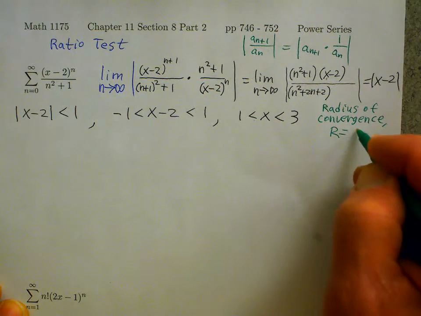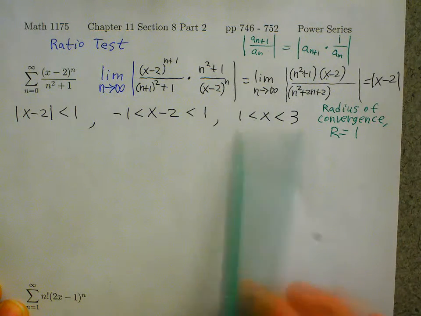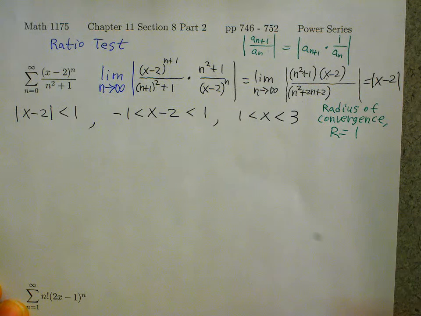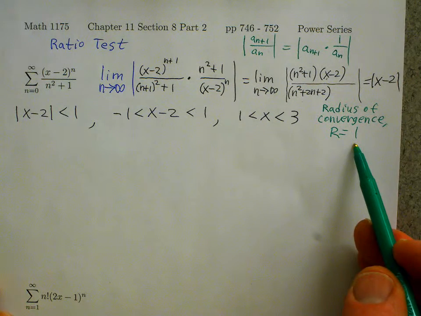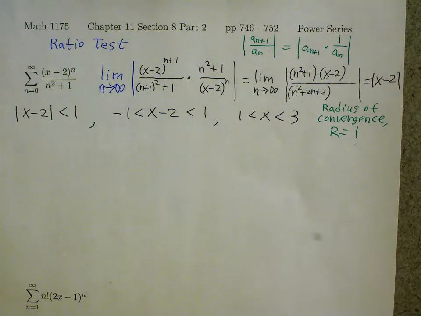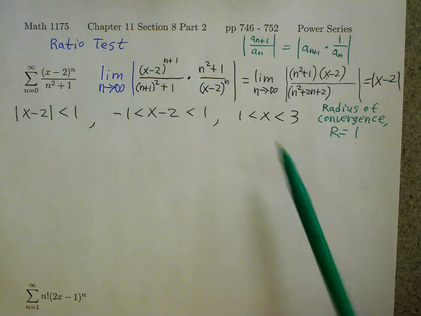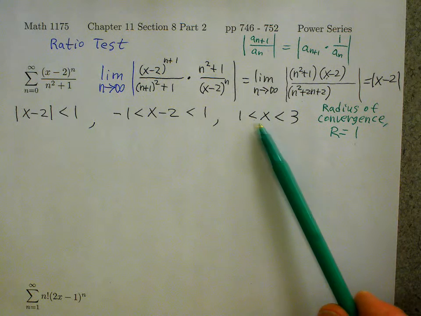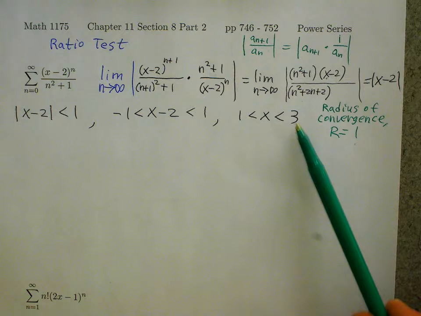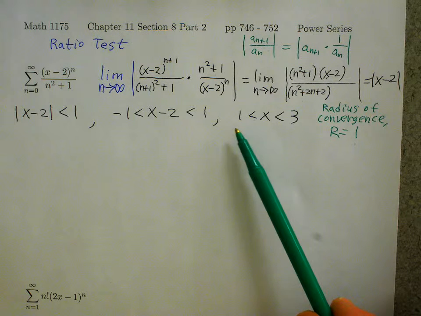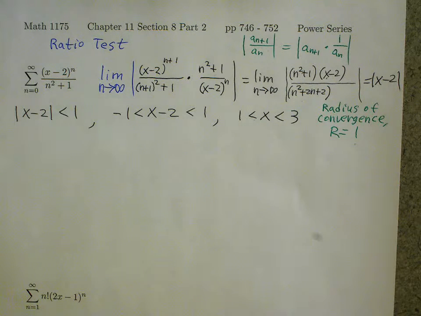So the length of that interval, even though the endpoints are not included, the length is 2. 3 minus 1 is 2. So half of that is the radius of convergence. And then the interval of convergence will at least be the numbers strictly between 1 and 3, but we might also include the endpoints or not. We have to test the endpoints.